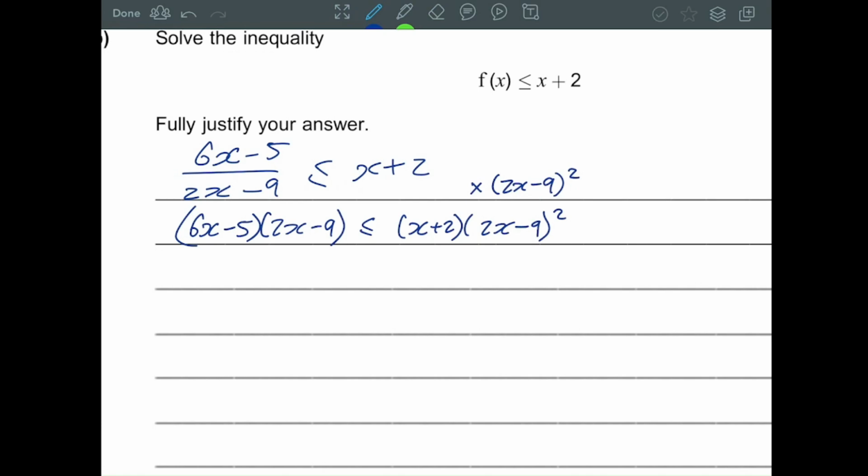And again, I want to try and minimize the work I'm doing, so I'm actually going to move stuff around before I expand brackets out, because then I have that common factor of 2x - 9. So I can move that thing over, factor the 2x - 9, and I'm going to be left with x + 2, 2x - 9 from what was there originally, minus the 6x - 5.